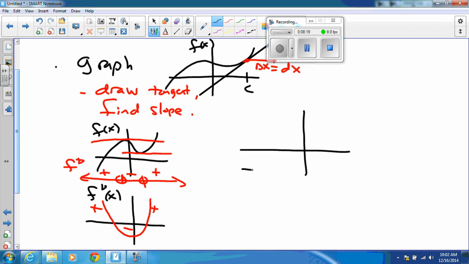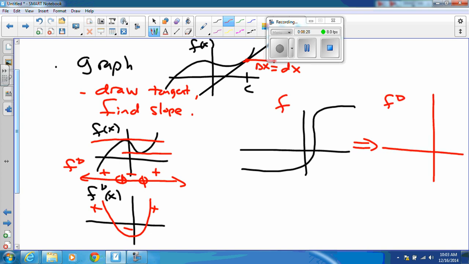So if f has a vertical tangent like so, then f prime has an infinite slope right here at x equals c. And in fact, I can tell from the slopes of tangent lines running up to that that it will be positive on both sides, so f prime will have a vertical asymptote just like that.